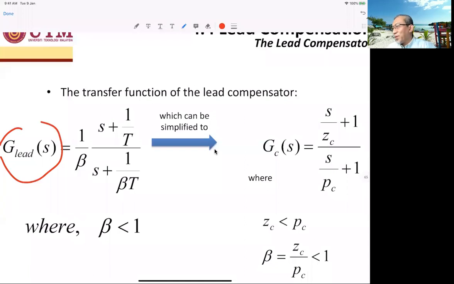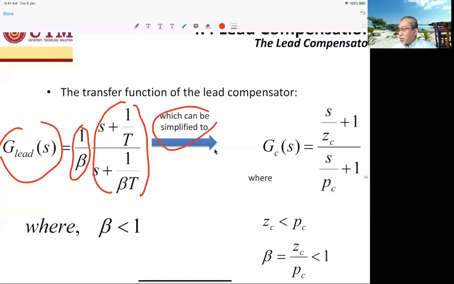So it is equal to 1 over beta, (S plus 1 over T) over (S plus 1 over beta T). So 1 over beta is the constant that will multiply the transfer function of the lead compensator. But this form is difficult to remember, so we simplify it.